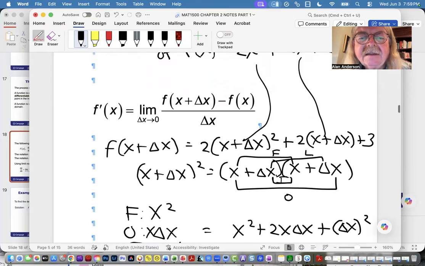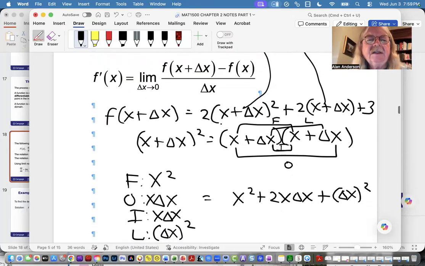Now that goes into this formula. This takes the place of f of x plus delta x. So let's copy this one more time.